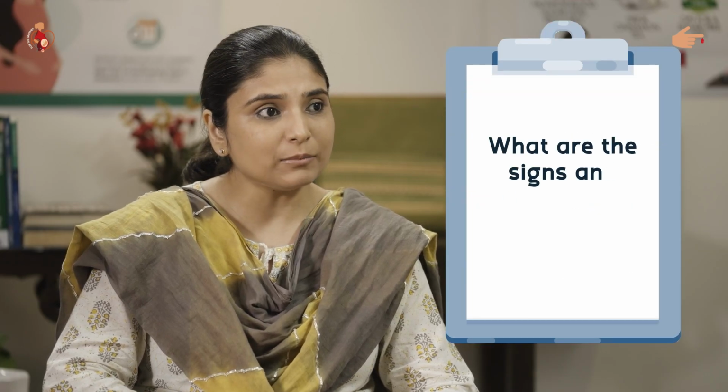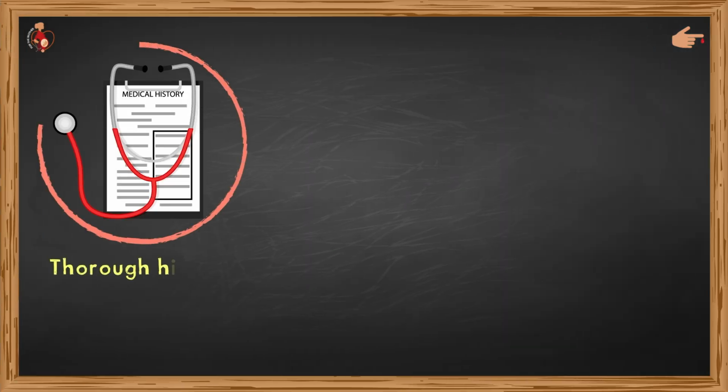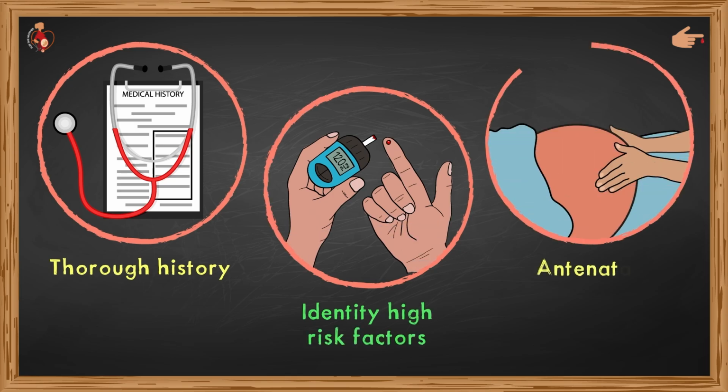Dr. Poonam, you very beautifully highlighted the points on history and the high risk factors that we need to look for. Are there any signs on examination that will help us in diagnosis? So after taking a thorough history and defining the high risk factors, antenatal examination is very important.